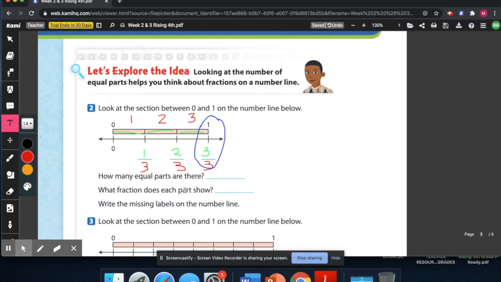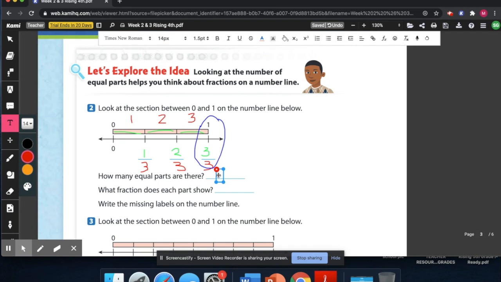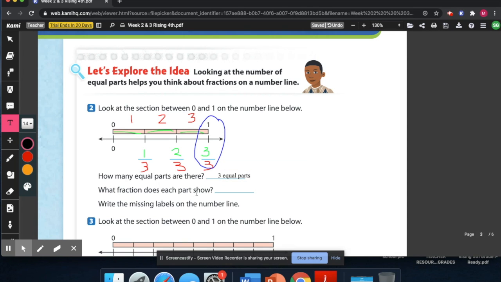Now we have 2 questions. How many equal parts are there? Well, we already did this ahead of time, and we found that there are 3 equal parts. Number 2, what fraction does each part show? Okay, questions like these try to trick you up because some of y'all might put 3/3, but it's really asking how much is each part, okay?